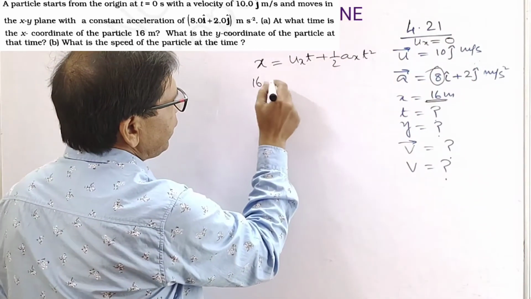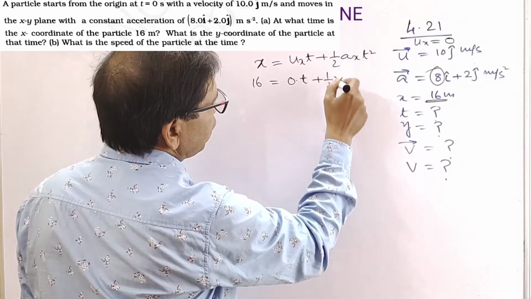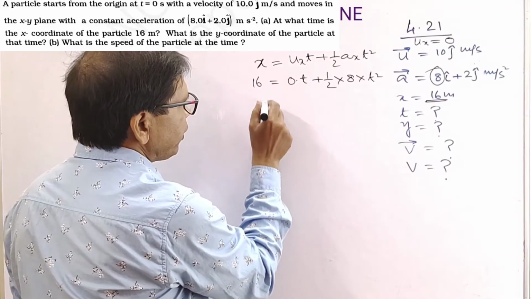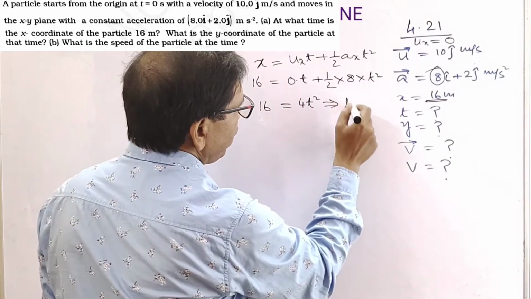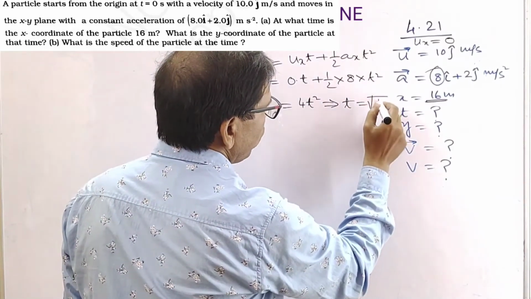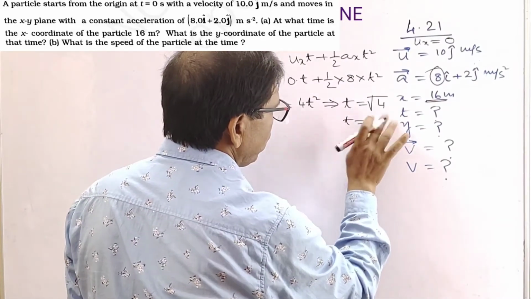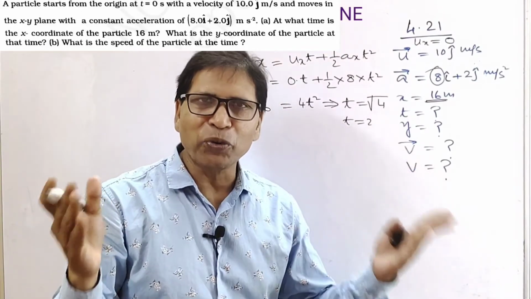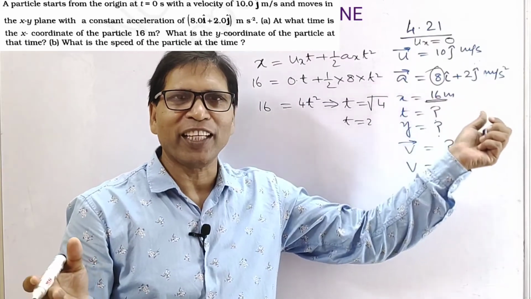So 16 equals 0 into t plus half into 8 into t². So 16 equals 4t². Therefore t equals root of 4, therefore t equals 2 seconds. Therefore after 2 seconds, the particle reaches x equals 16 meter.